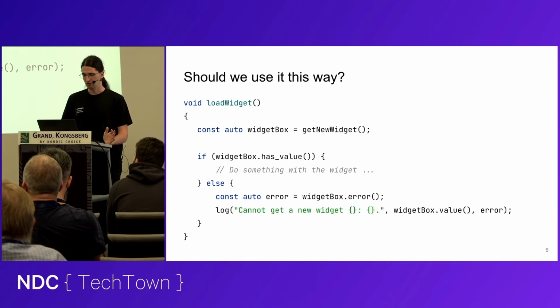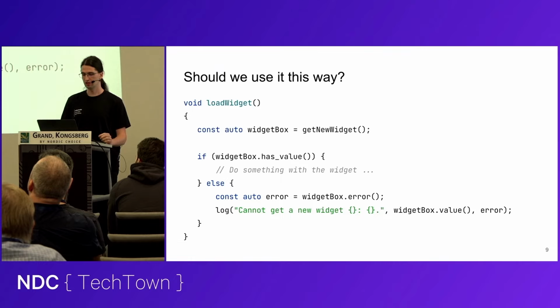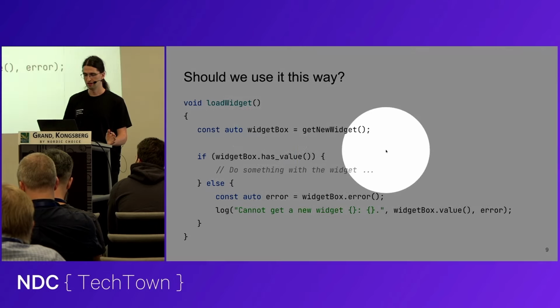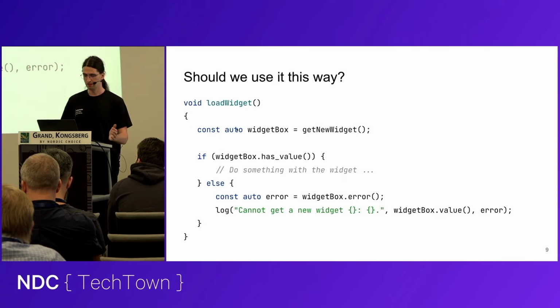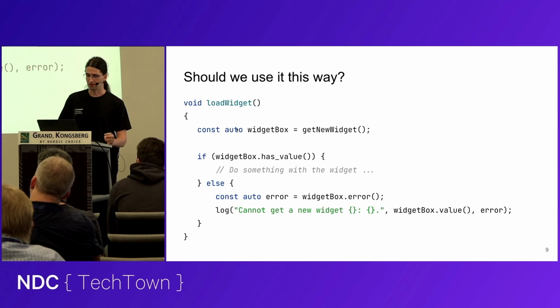But should we use expected this particular way here? We have some function to load a widget. We are getting the widget somehow and assuming that this auto here is expected. So we check whether it has a value, or else, it has an error, we access the error and print it.